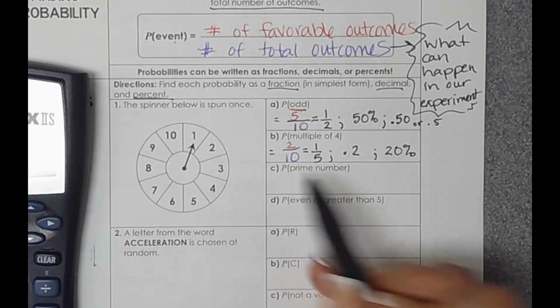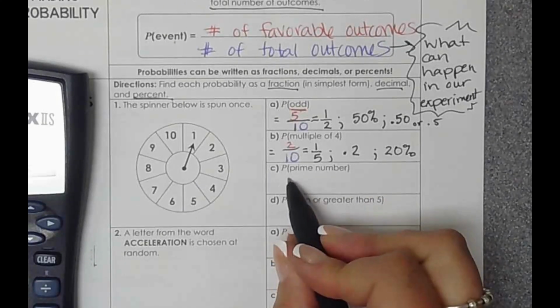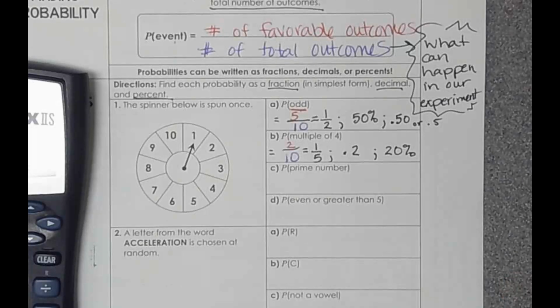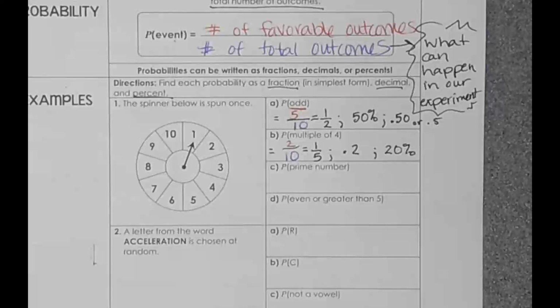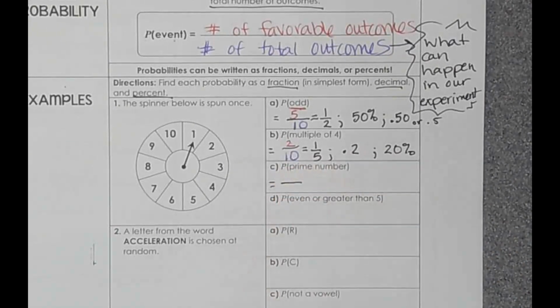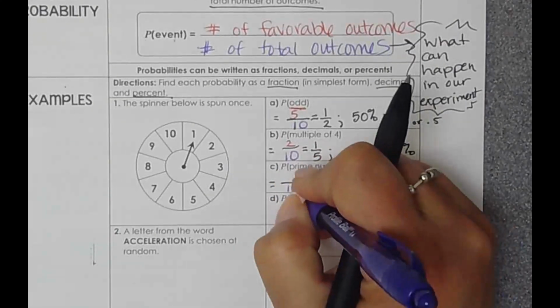Right? Let's look at C, a prime number, meaning numbers that only have factors of 1 and itself. So, excuse me. In this case, again, we still have total outcomes is 10.